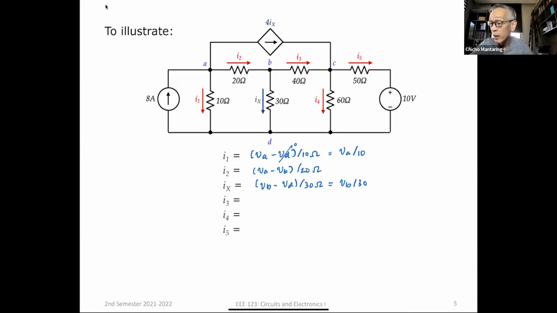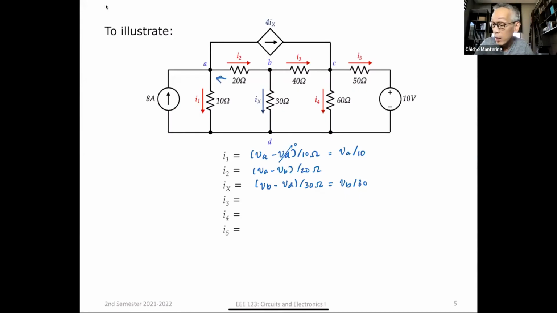Now take note that these directions of currents are arbitrary. We just assign them. If you don't know the direction of the current, you assign a direction. What would have happened if the direction of current in I2 that I assigned were this way?